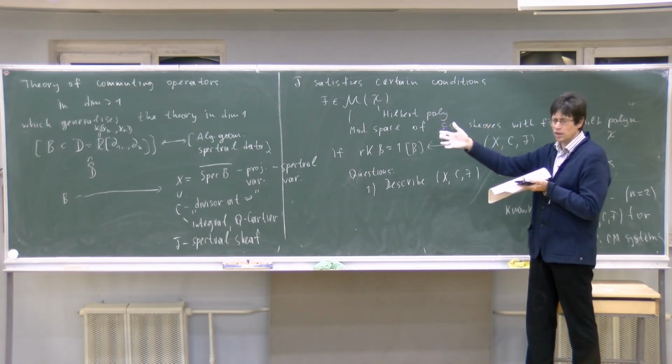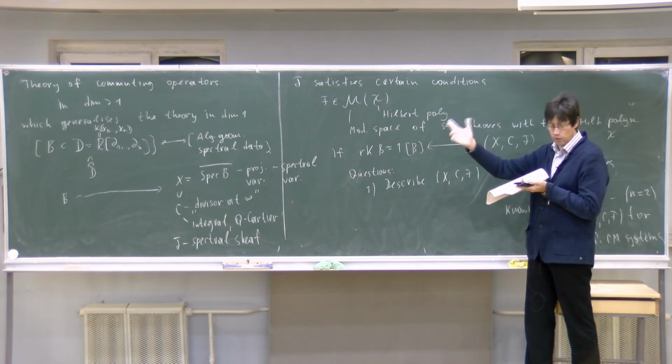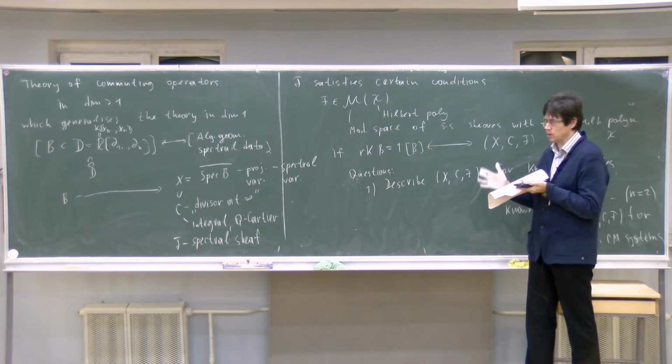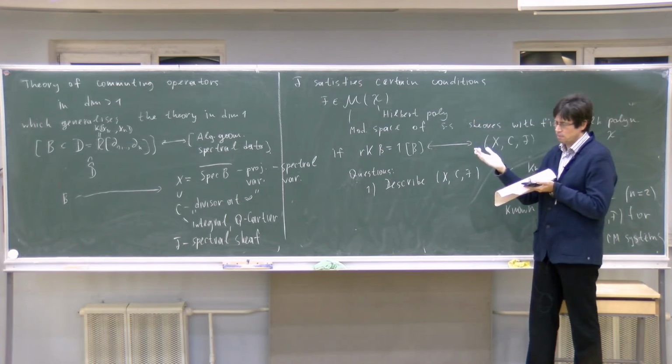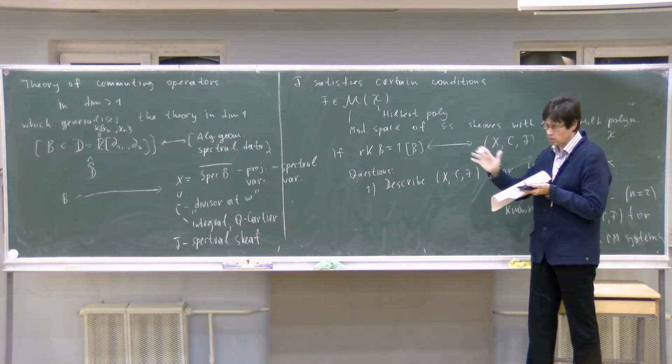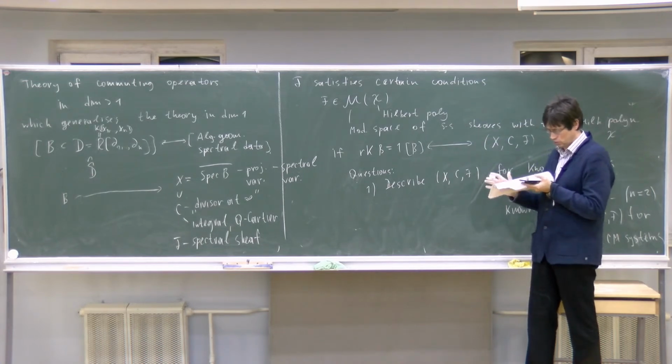In general, by quantum integrability, people understand not only commuting differential operators, but also commuting operators in some Hilbert space, for example. And all these examples consist either of differential operators, or of difference operators, or of differential difference operators and so on. There are many examples with various sorts of commuting operators.